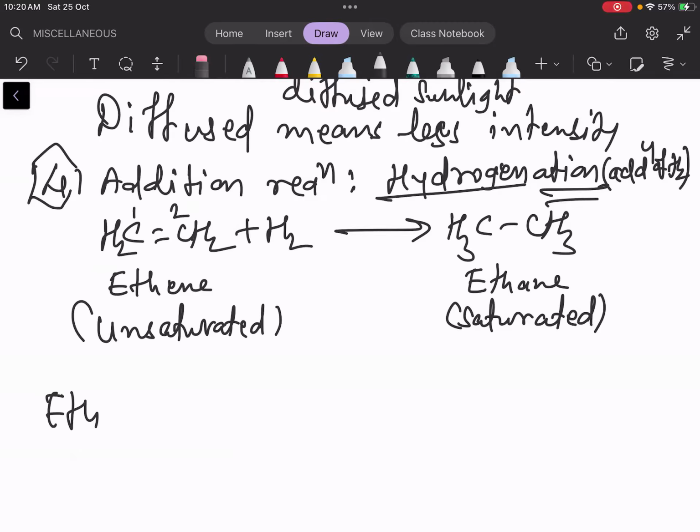What are hydrocarbons? Hydrocarbons are compounds that consist of hydrogen and carbon, right?